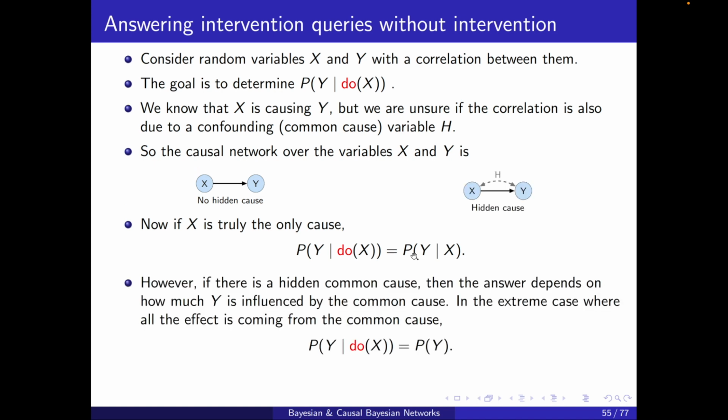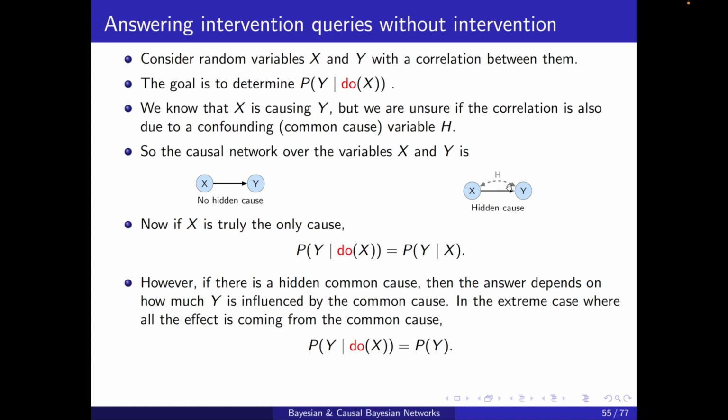There's no special change. However, if there is a hidden common cause, like this, and this is a bow notation, which we will often use later on. Sometimes we may not even put the h here. This means that there is a hidden common cause between x and y. Okay, so if there is a hidden common cause, then the answer depends on how much y is influenced by the common cause.